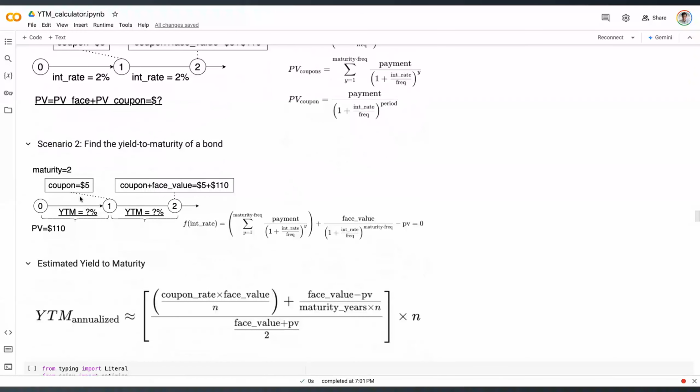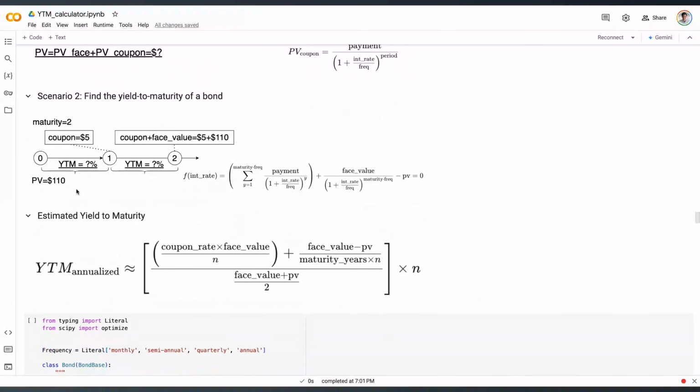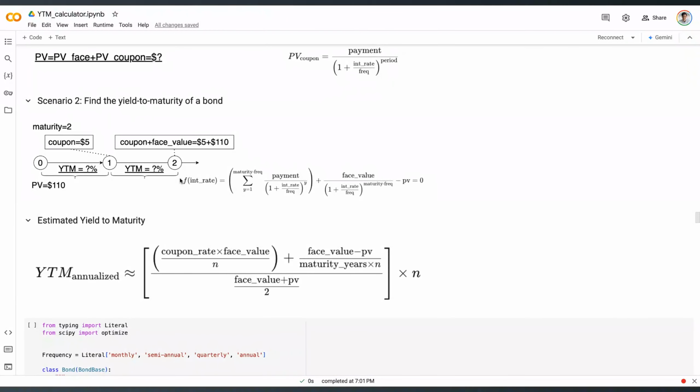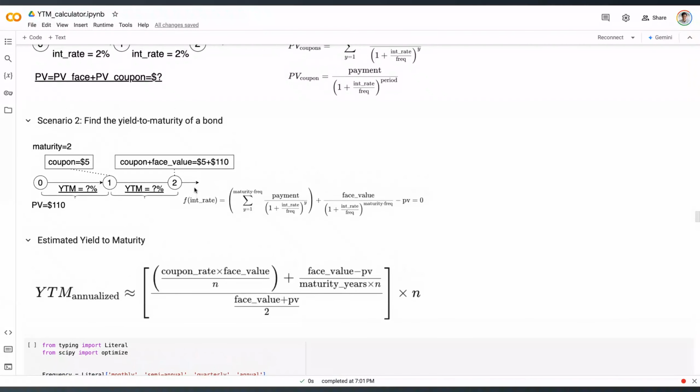Well, the second scenario, we need to find the yield to maturity, and this is where things get more complicated, because there is no straightforward formula to find the yield to maturity of a coupon bond.